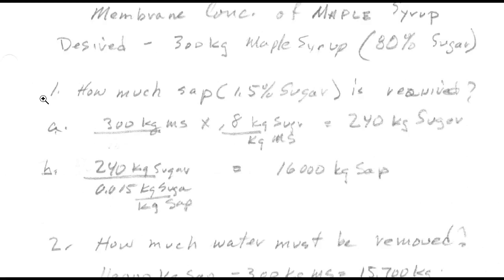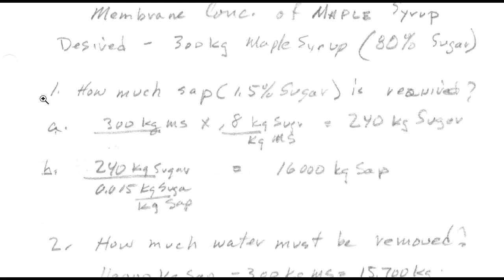And to solve a problem like this, you have to establish a basis. There's many types of basis. You could do it on the basis of 1 kilogram of syrup, 1 kilogram of sugar, 1 kilogram of sap. There's a lot of ways to approach this.